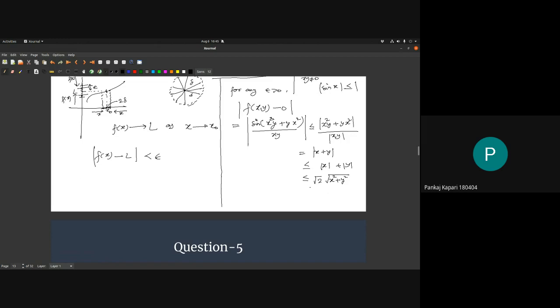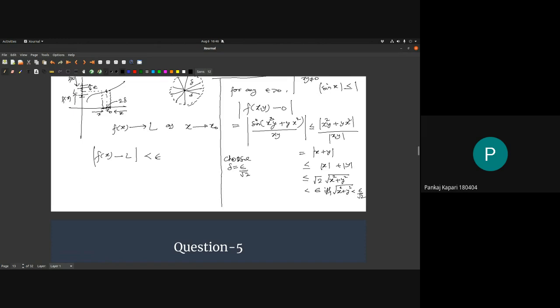Now we have to make this less than epsilon. This is less than epsilon if and only if the square root of x square plus y square is less than epsilon by root 2. So we'll choose delta equal to epsilon by root 2.